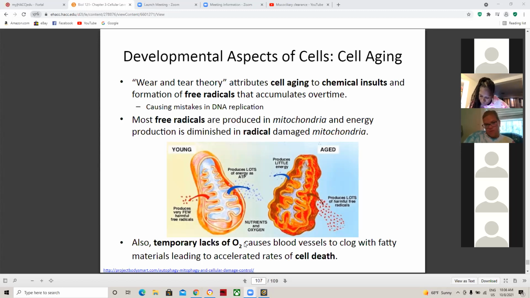Also, temporary lacks of oxygen can cause damage. Remember, this is hypoxia. Anytime there's a reduced amount of oxygen, that's a hypoxic signal. Because I've used this word twice, let me type it out for you.